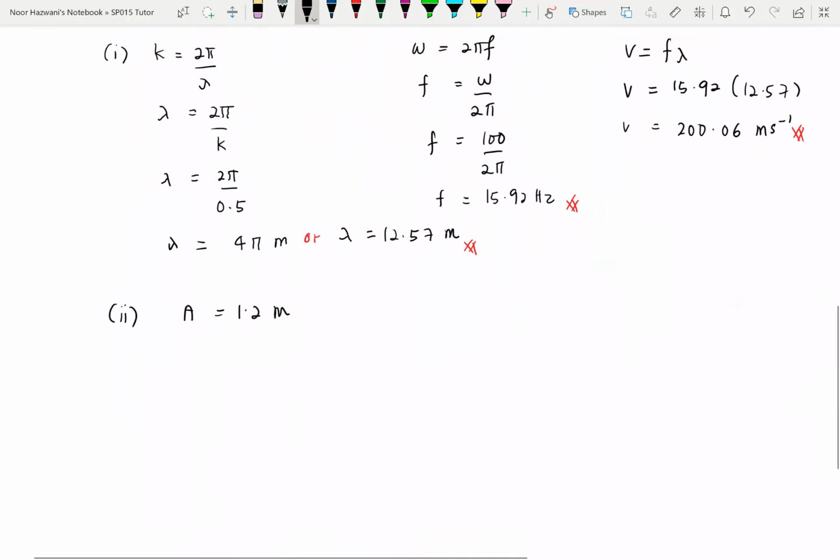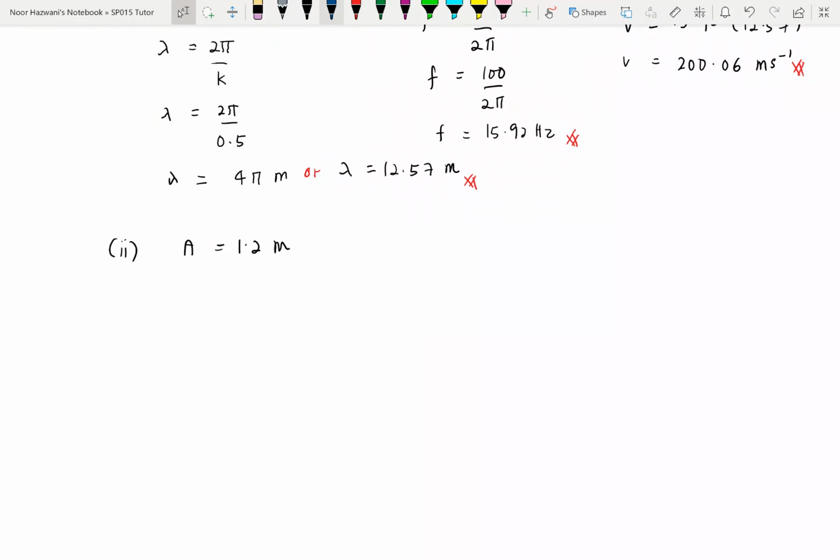Okay, dia tanya amplitude of the standing wave. Soalan yang kedua dia tanya amplitude of standing wave when x equals to 5 meter.